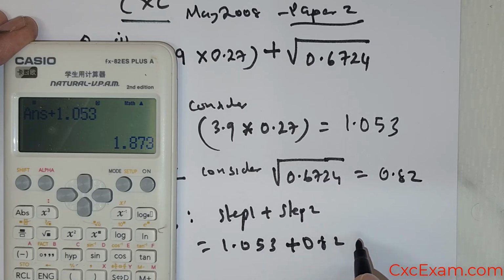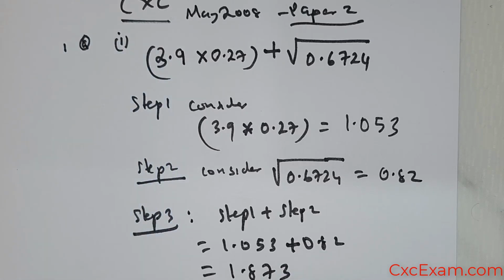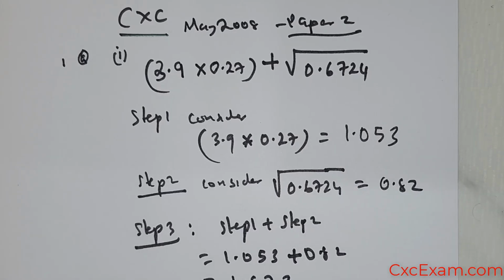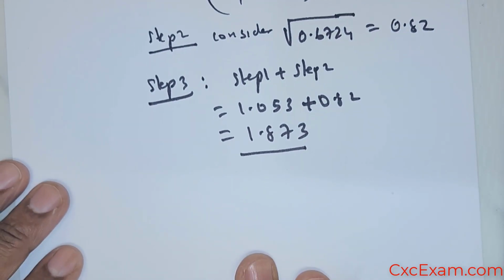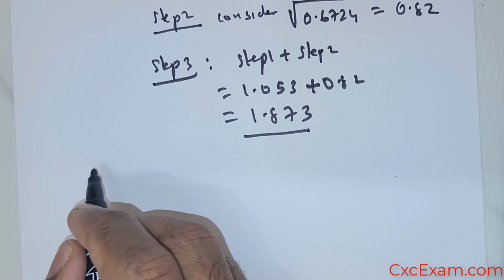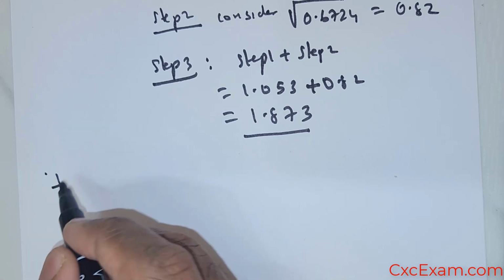You get a value of 1.873. Okay, so that is the final solution. Not much mathematics is involved except for knowing how to use the calculator. Now let us move on to section 2 of the first question.